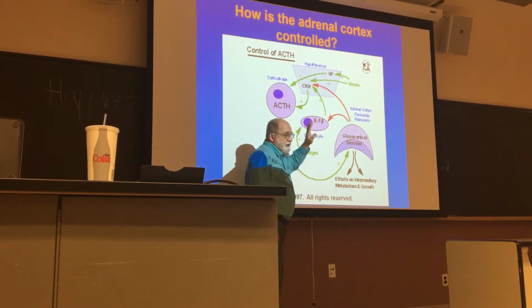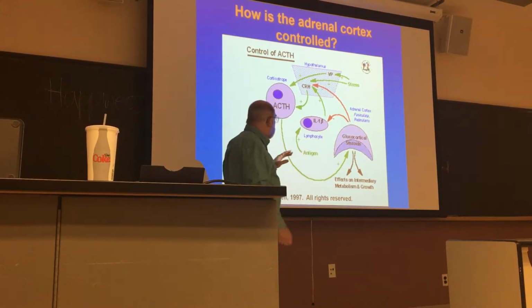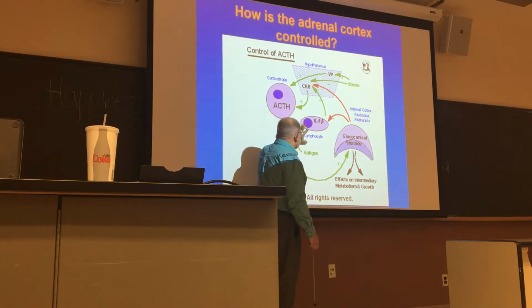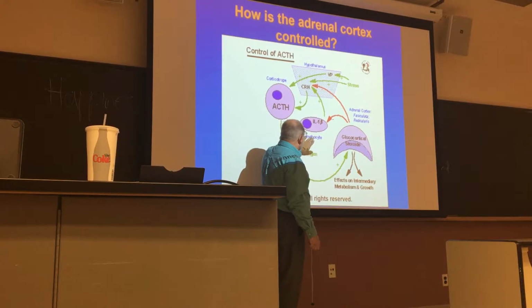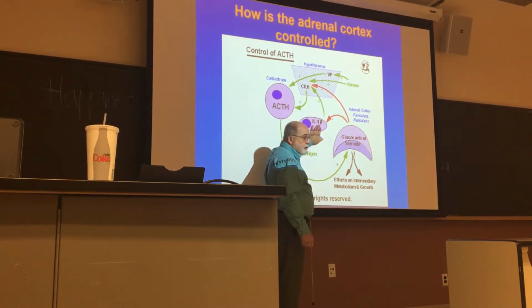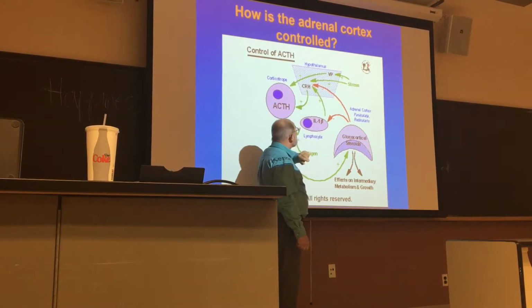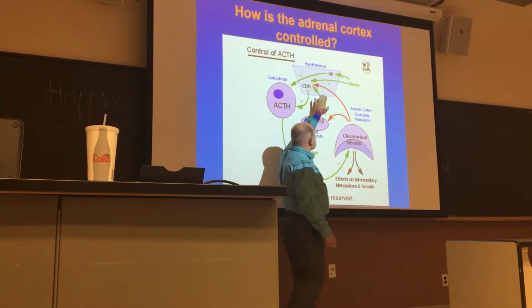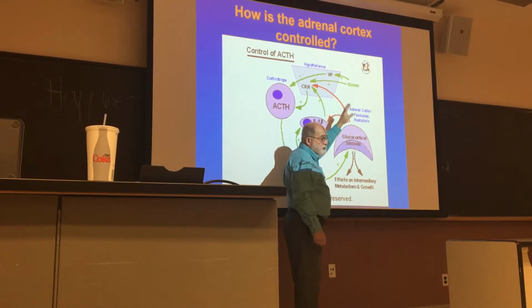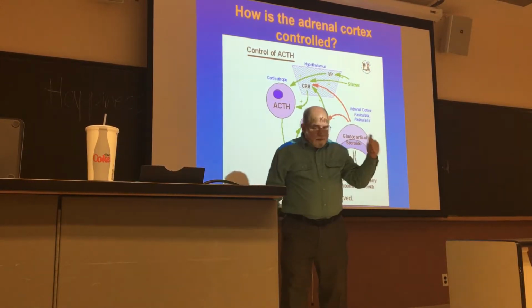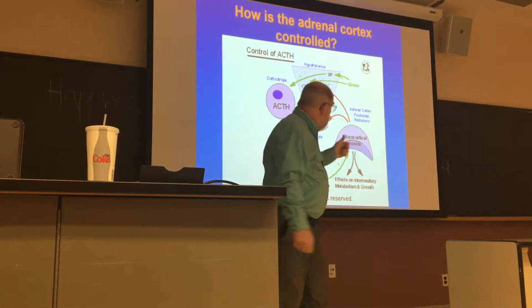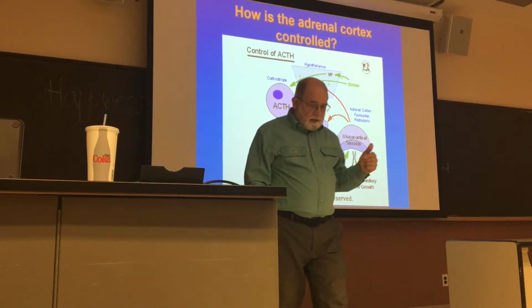But superimposed on it are secondary controls, one of which arises in the immune system via the production of interleukins, like interleukin-1 beta, which stimulate production of CRH. Or you have vasopressin and other stressors. Stressors can be infection, so you can get involvement in the immune system there as well.